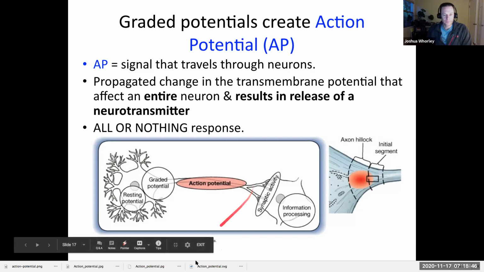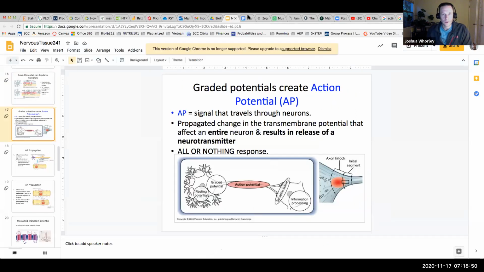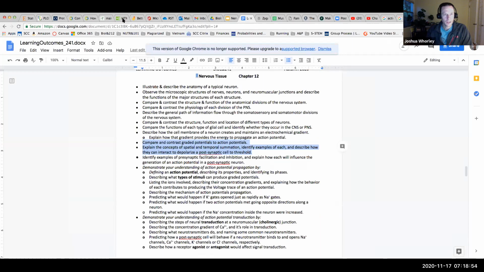We'll be keeping these learning outcomes in mind, these highlighted ones: comparing these potentials, and thinking about how graded potentials can have temporal and spatial summation, how action potentials don't, and why that difference exists. So be thinking about those.